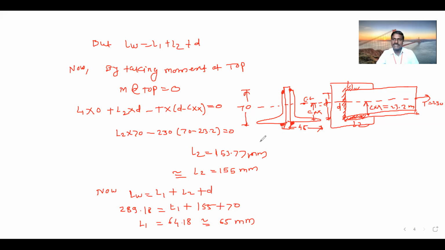It means 65 plus 65, 130 for both sides, correct? And this 155 is bottom side, both sides. So 155 plus 155 will be the addition of both sides. Are you getting? Yes, sir. Okay, so is this over?